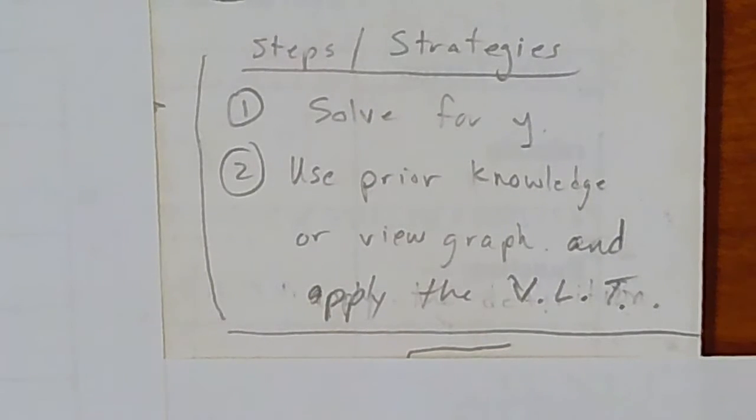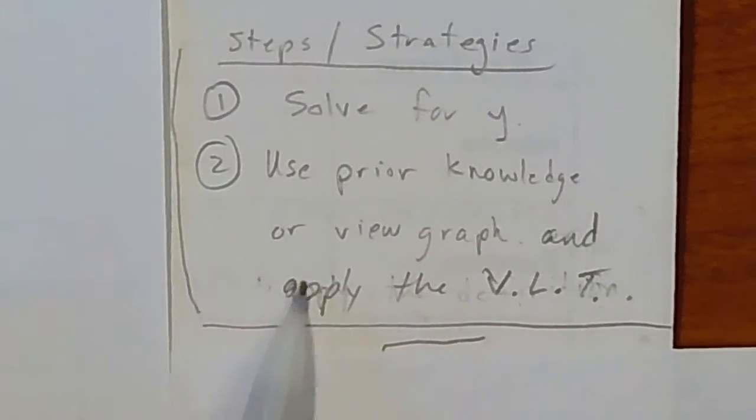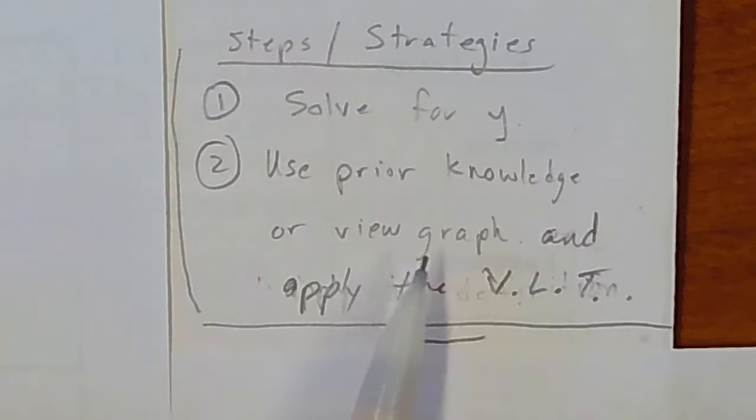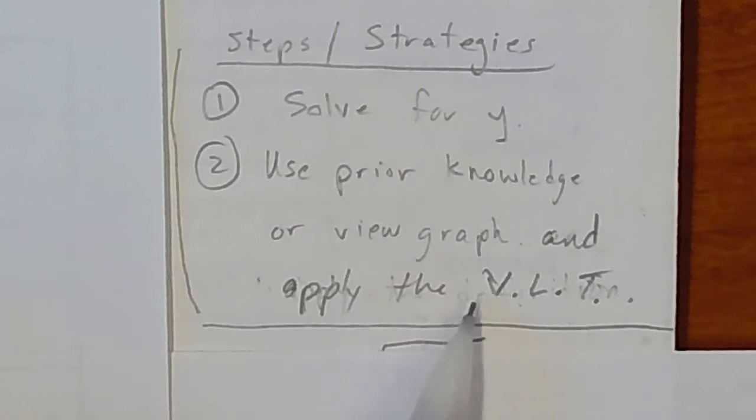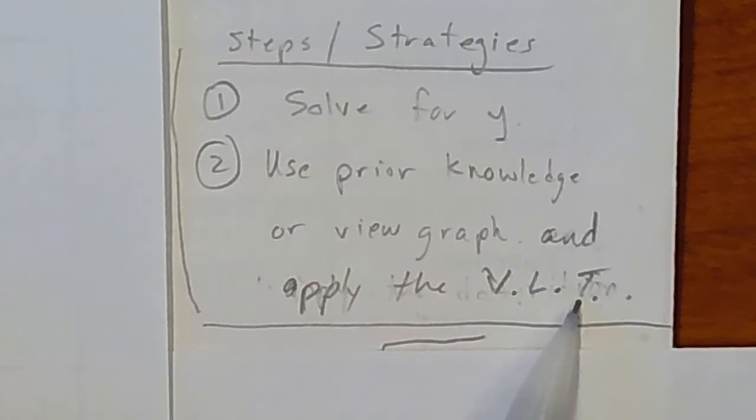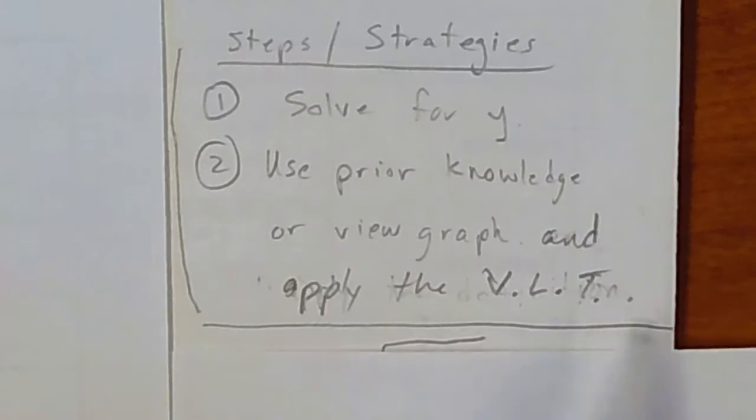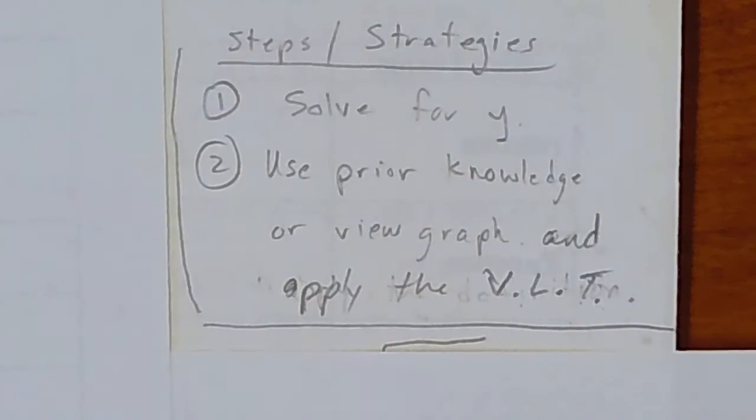All right, and the second step, once we have it solved for y, is we're going to use our prior knowledge from Algebra 1, Algebra 2. Sometimes, though, on some of these functions, our prior knowledge might be limited, and that's okay. So our backup plan is to view the graph in the graphing calculator and apply the vertical line test, VLT. All right. Pause here for a moment and let you copy that down.